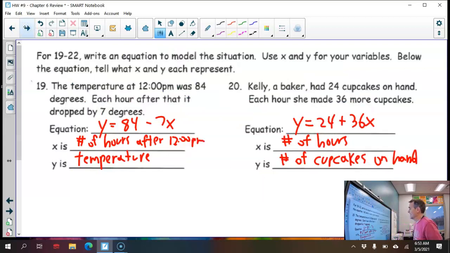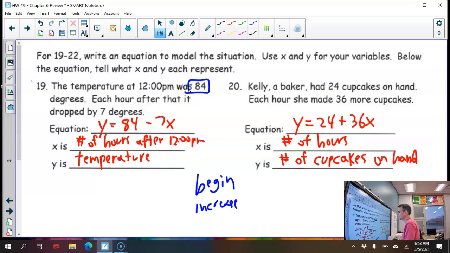All right, this brings me to the situations where we need to be able to write an equation. So when I write an equation, the important things are, what's the beginning amount and what's the amount of increase each time? So it tells me in number 19 that the temperature at 12 o'clock was 84 degrees.